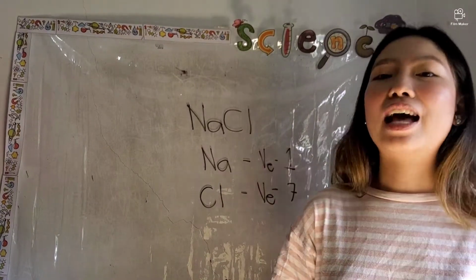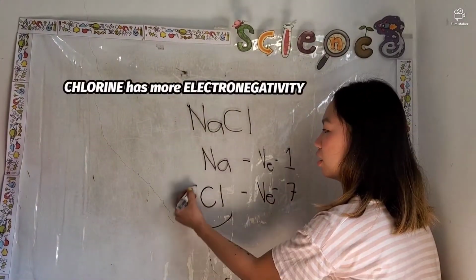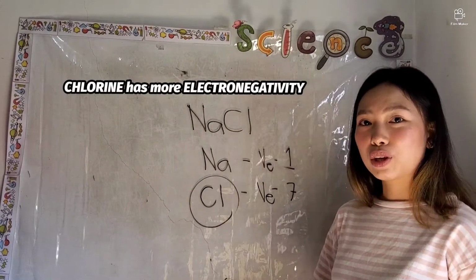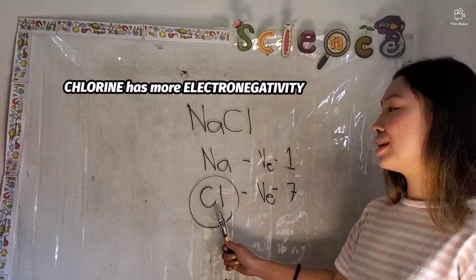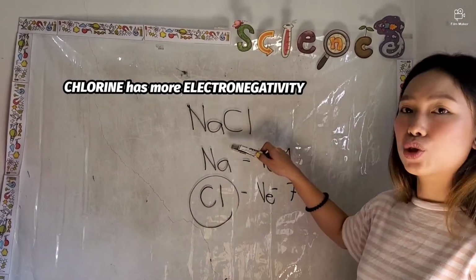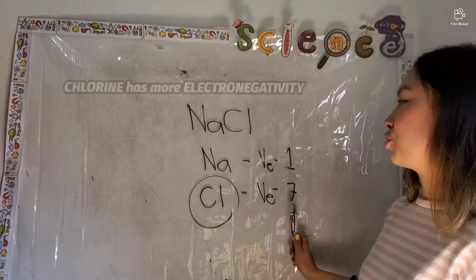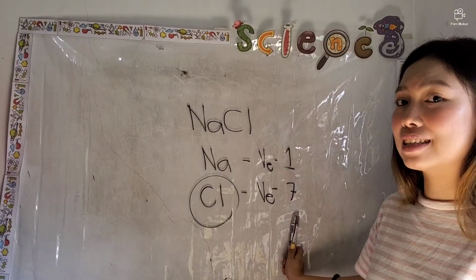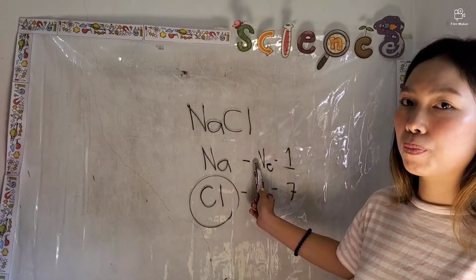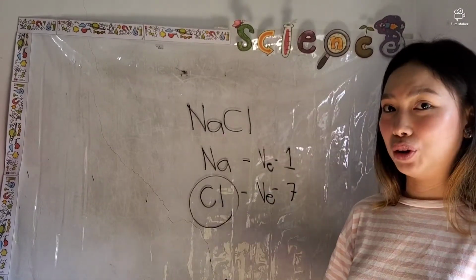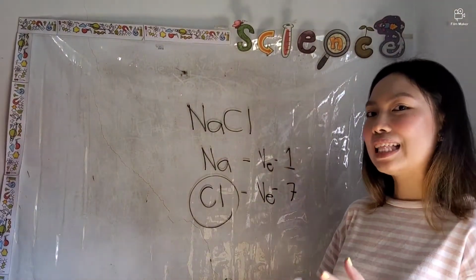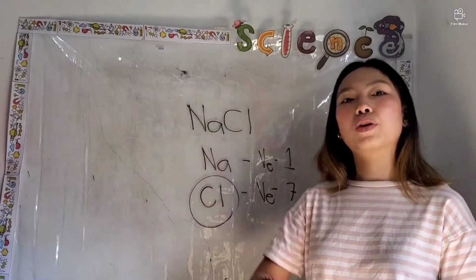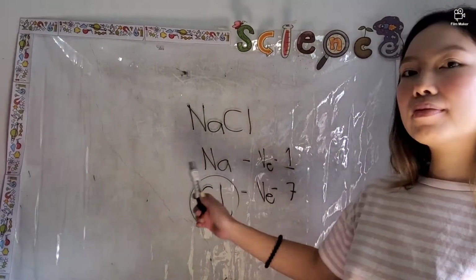So, syempre, the answer will be chlorine. Chlorine has more electronegativity than sodium because chlorine has already 7 valence electrons and sodium has only 1 valence electron. So, ibig sabihin, mas malaki ang tendency to attract ng chlorine than sodium.